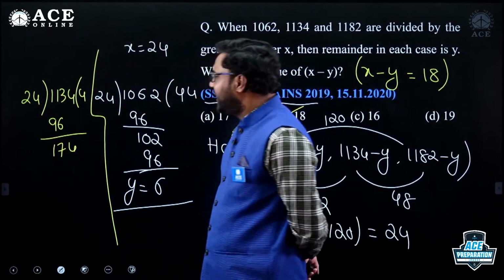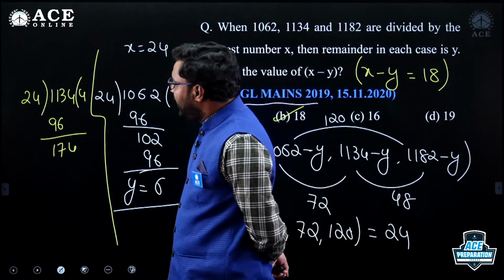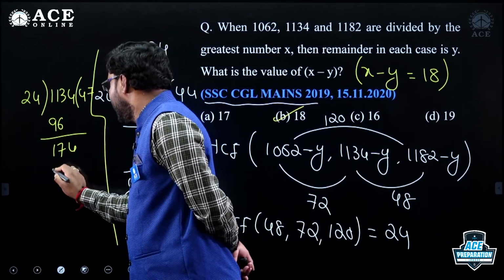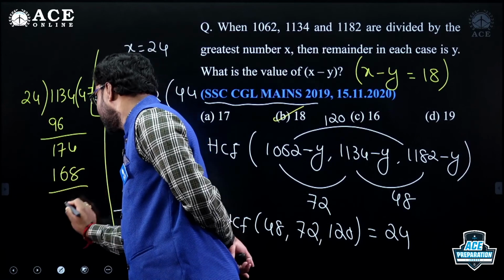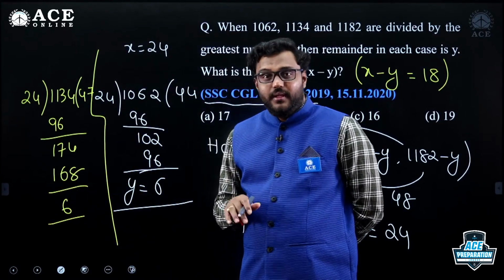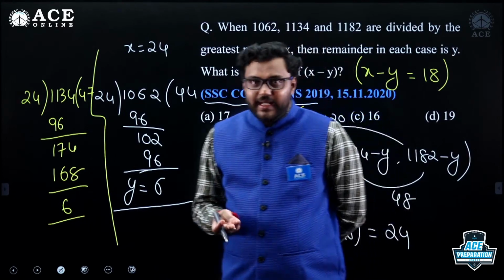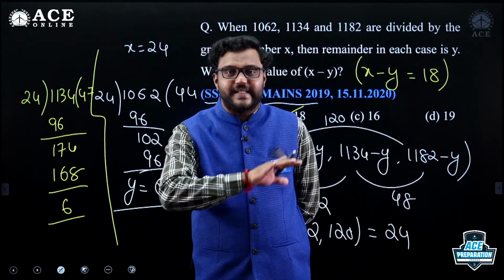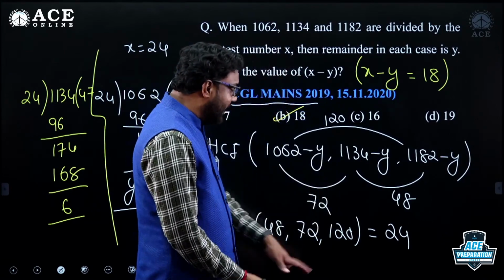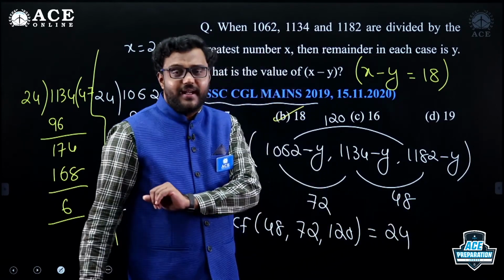Now 24 5 times 120, 7 times is 168. You got 6 remainder, see? Again 6 remainder here and here. So then you can confirm, yes, x is 24 and it generates the same remainder 6 in each case. The x is nothing but 24, and the remainder is 6 in each case.